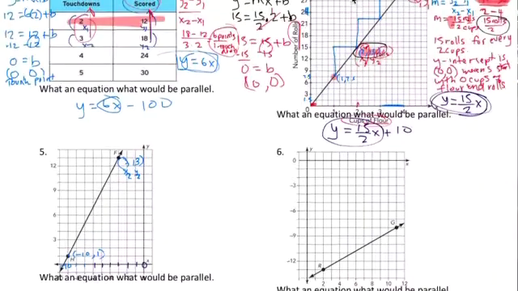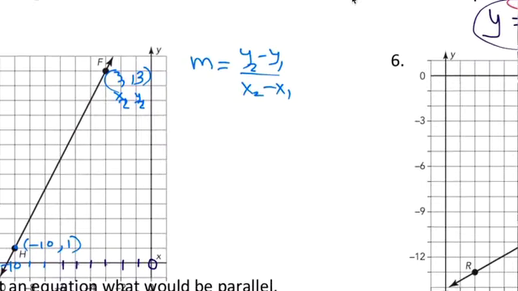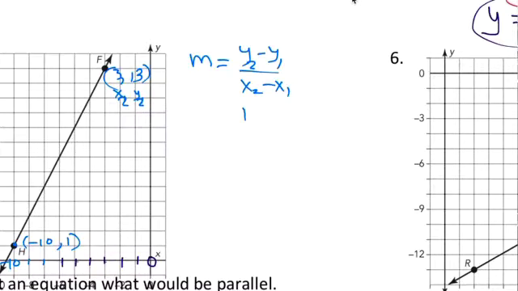And you do the same as your other one. So find slope first. Y sub 2 minus y sub 1 over x sub 2 minus x sub 1. 1 minus 13, and negative 10 and 3. So we get negative 13 over negative 13.